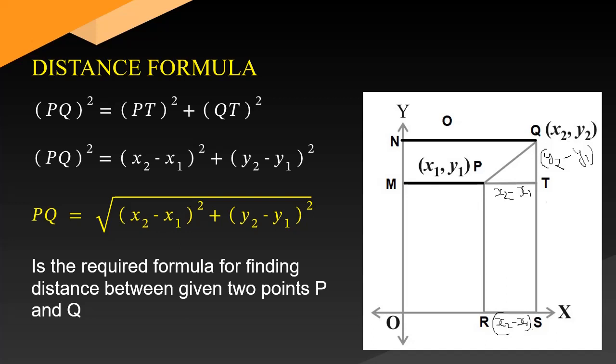Now substituting the values of PT and QT, we get PQ square equals (x2 minus x1) whole square plus (y2 minus y1) whole square. Now PQ equals under root of (x2 minus x1) whole square plus (y2 minus y1) whole square, which is the required formula for finding the distance between two given points P and Q.